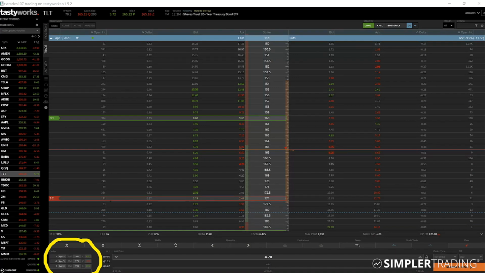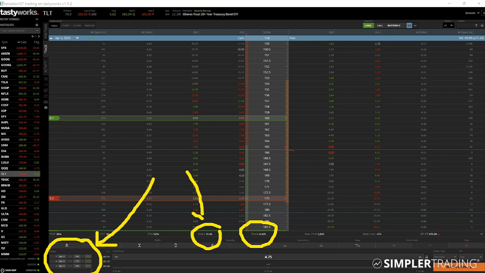If we push up the expiration, do you see how the delta, which was 13, is now almost 20? And the theta, which was 3.3, is now almost 6.5? So by making it shorter dated, by giving yourself less time, you're increasing your deltas and your thetas, typically.